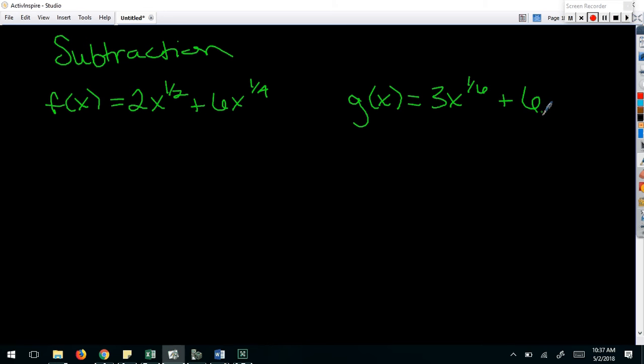All right, so this time when I'm subtracting, and here's where y'all kind of got confused when we did polynomials, I have to make sure that I am subtracting everything that follows that minus sign.